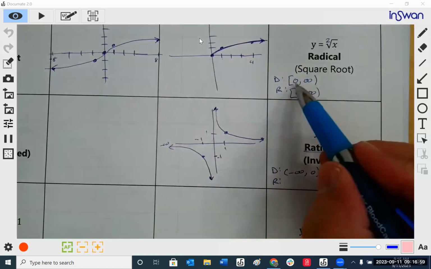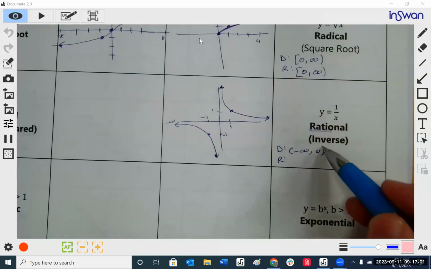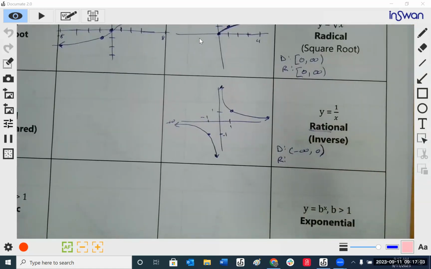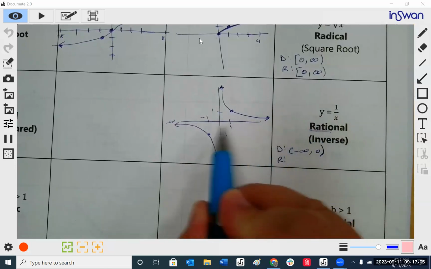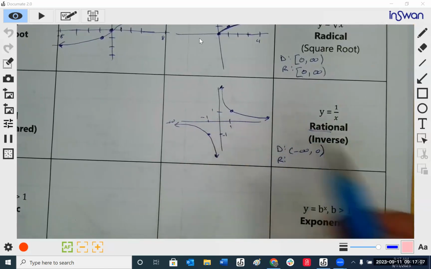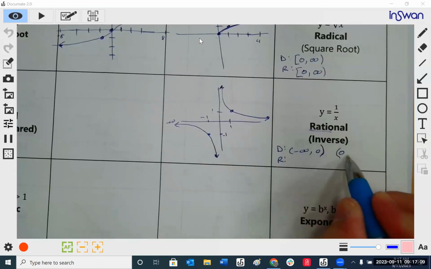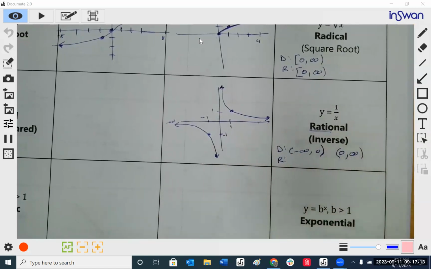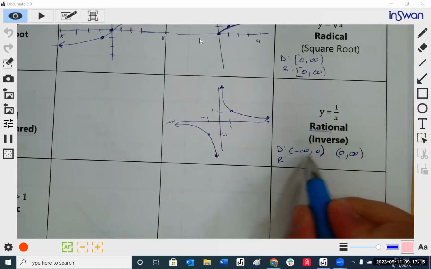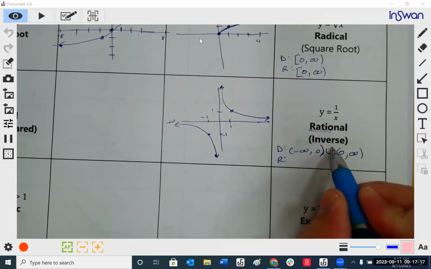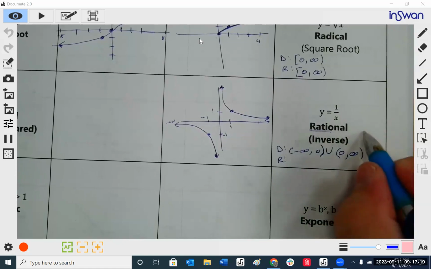If I can use zero, I put a bracket. If I can't use it, I have to put a parenthesis. On the other side, can I use zero? No, so it's zero with parenthesis, and it goes all the way to positive infinity. Since it could be either side, we put the U for union.